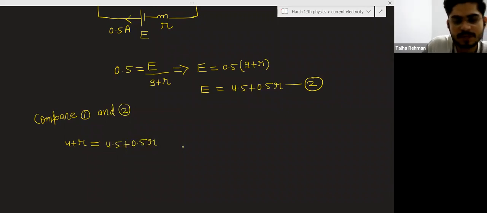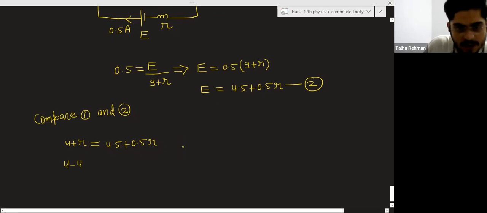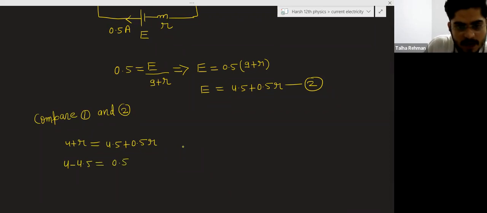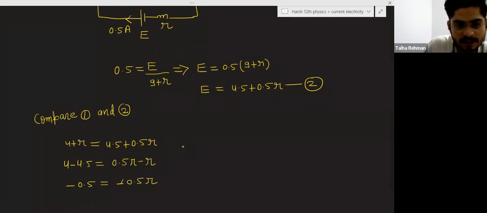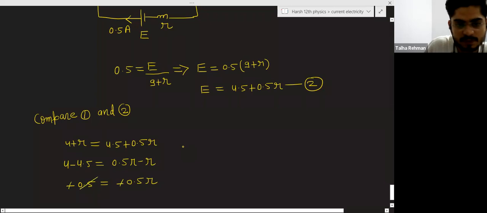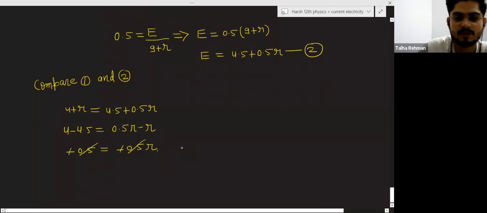So now we can solve it. Here 4 minus 4.5, here we will have 0.5 r minus r. Here you will get minus 0.5 and minus 0.5 r, and the 0.5 and 0.5 cancel out. You will get r is equal to 1 ohm.